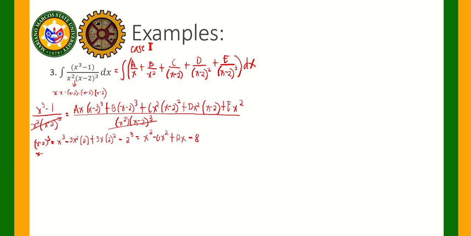Okay, so for x minus 2 quantity squared, special product din siya. So, this will be equal to x squared minus 4x plus 4. Okay, so you can look that up on the internet.